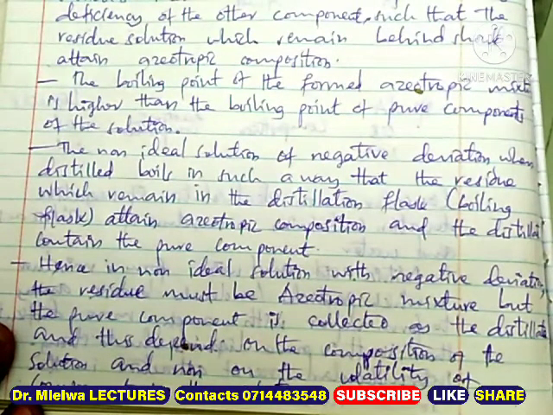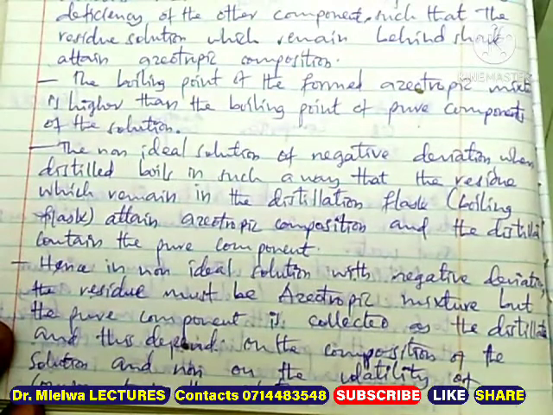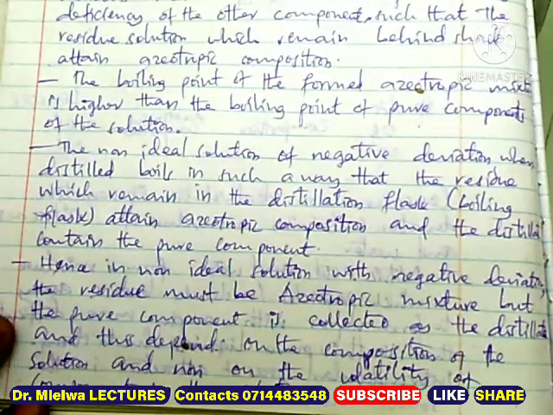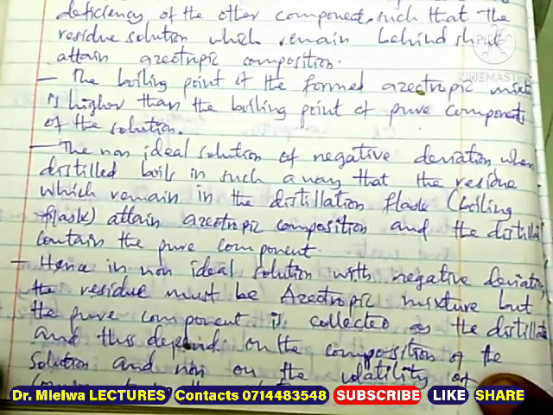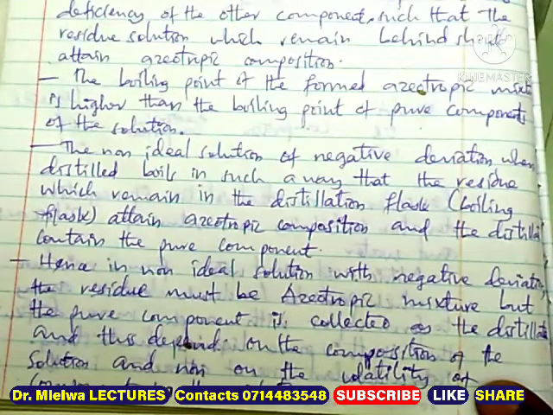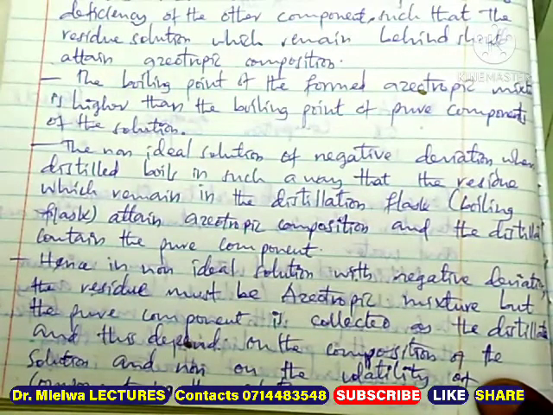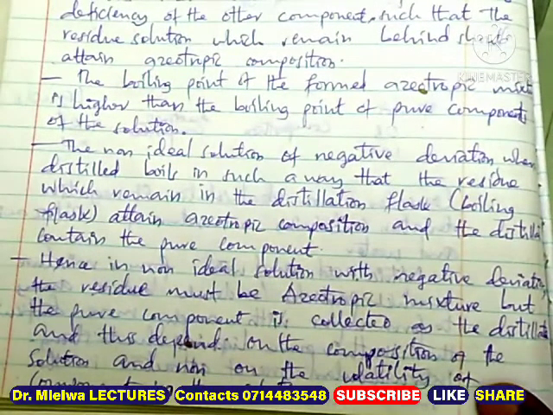As we said for positive deviation, what will be the pure component and what will be the residue depends on the composition of the solution and not on volatility. In positive deviation, you saw that starting from the left of the graph and starting from the right, we get different pure components, which did not depend on which component is more volatile than the other, but on the composition of the solution.